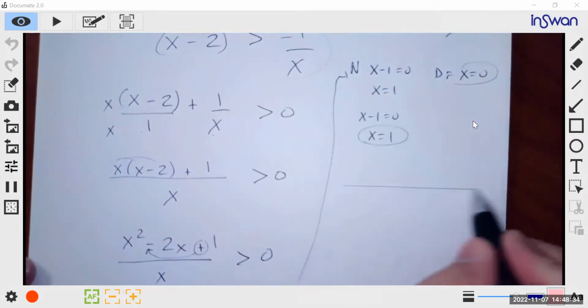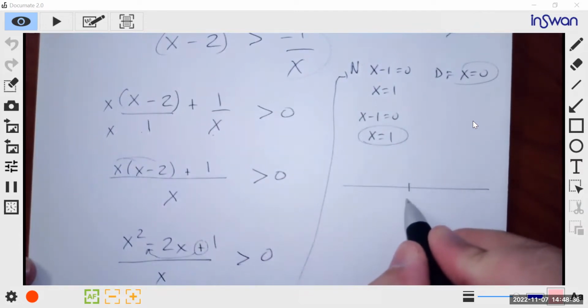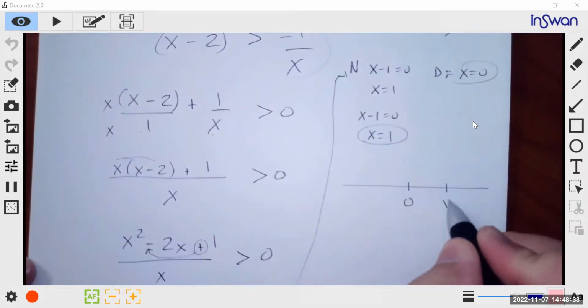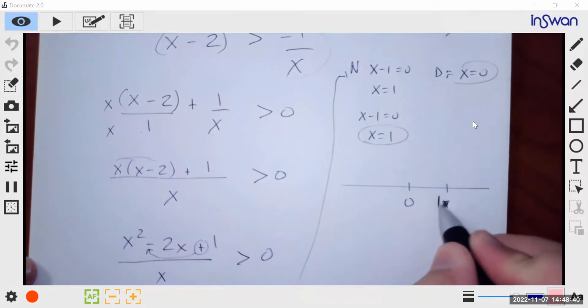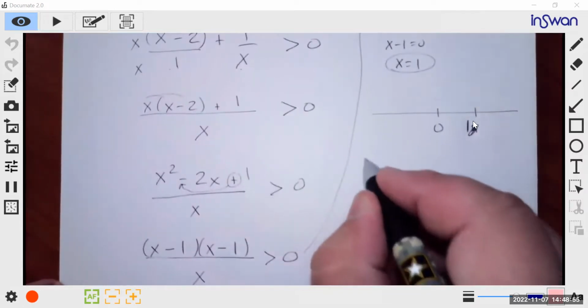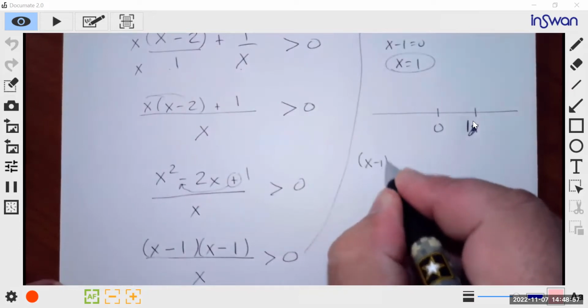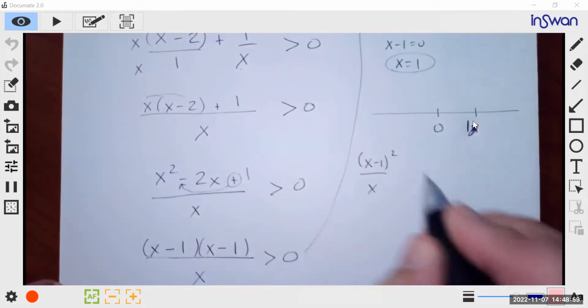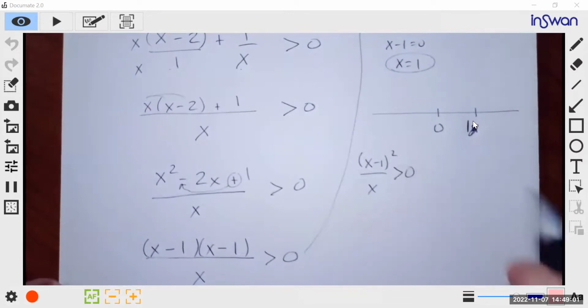So those are my critical values, 0 and 1. And we know that we have x minus 1 squared over x is greater than 0.